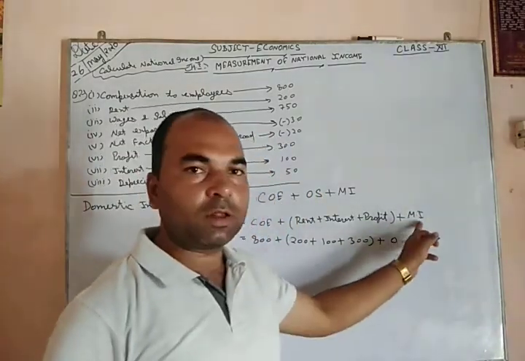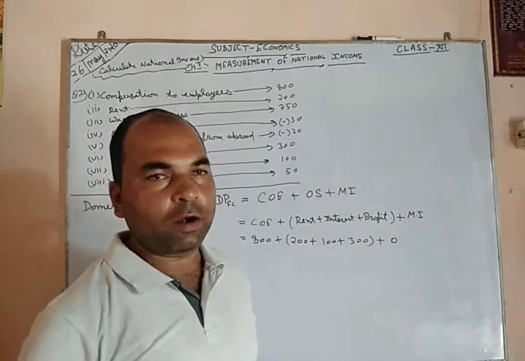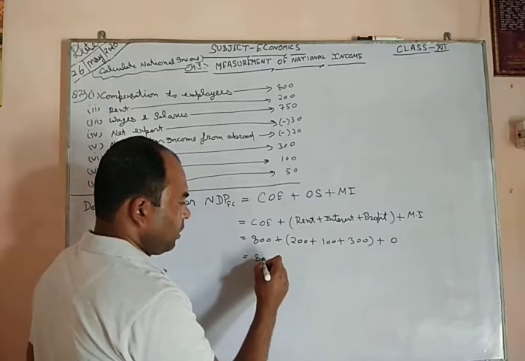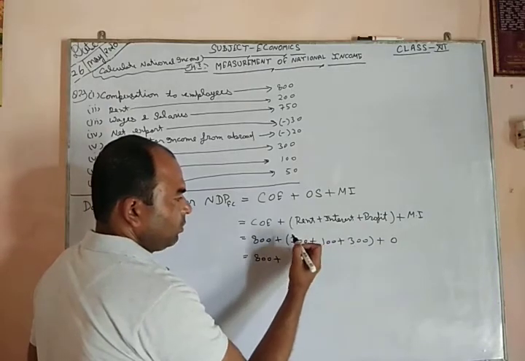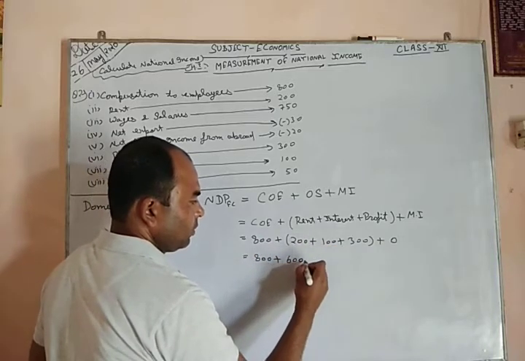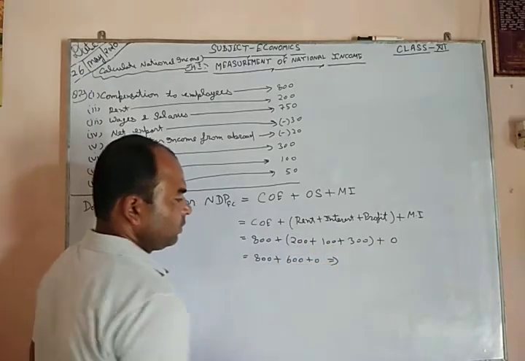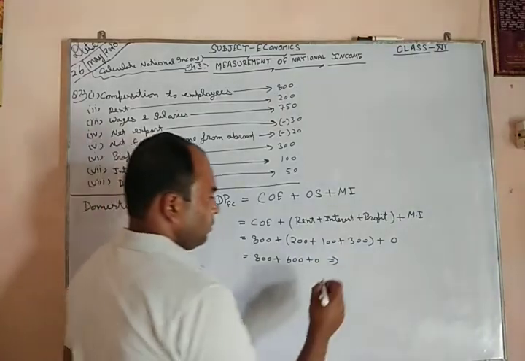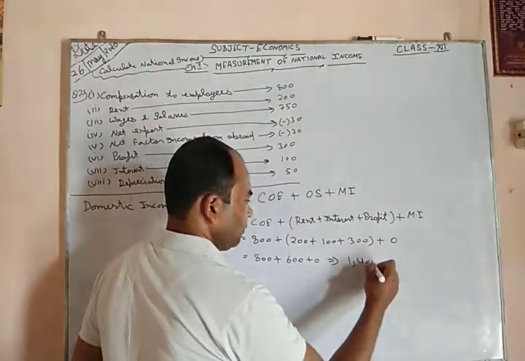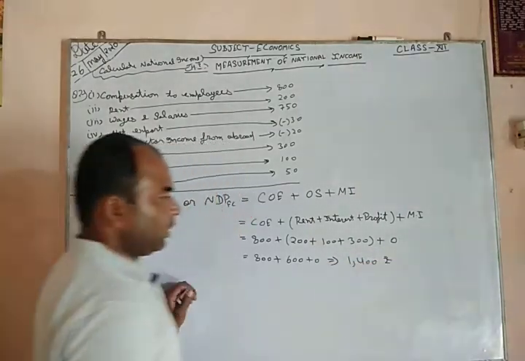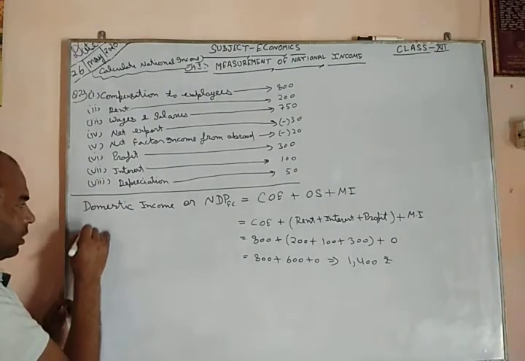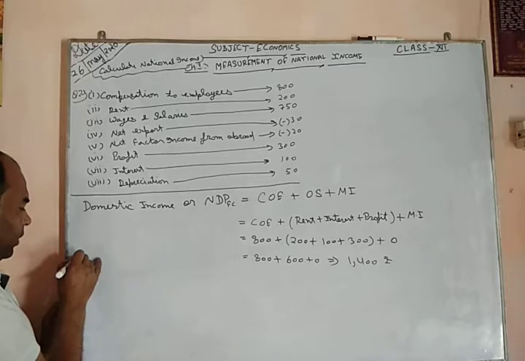If it is not given in the data, then we can assume 0, which will not have any effect. So NDPFC is equal to 800 plus 200 plus 100 plus 300, 600, plus 0. It is 1400. It is clear to students? Now we have to calculate national income by the help of domestic income.